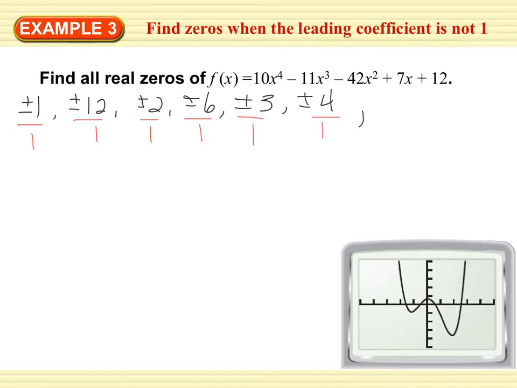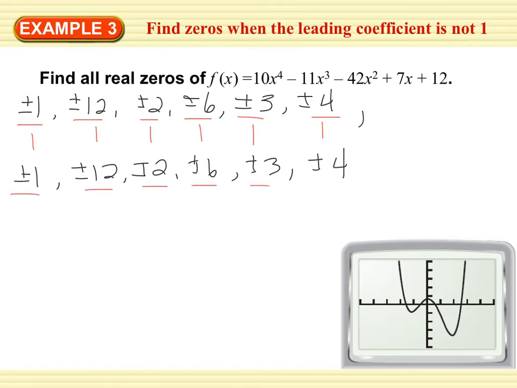Now let's do it again. The same constant gives me the same numerator. Now the factors of 10 are 1, 2, 5, and 10. So now we're going to go over 2.